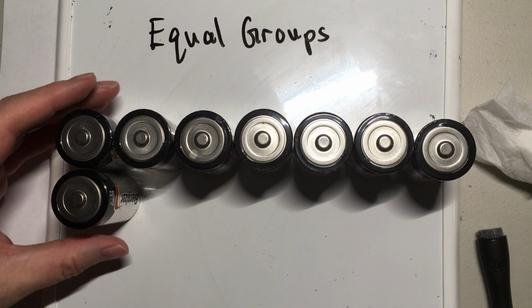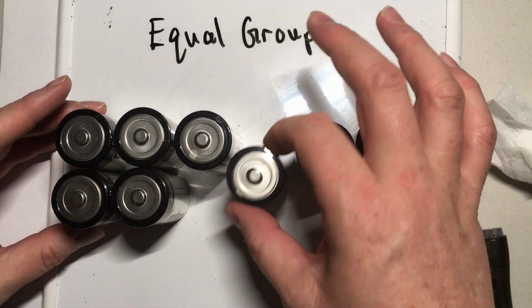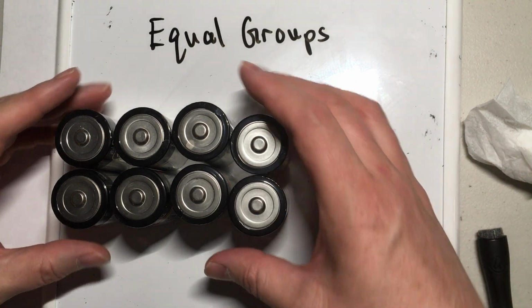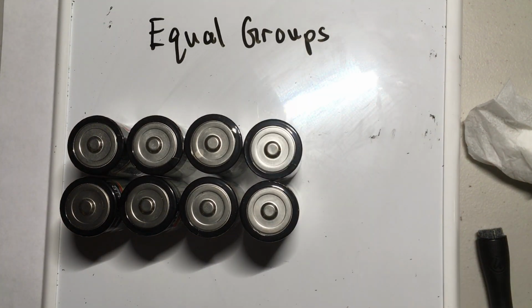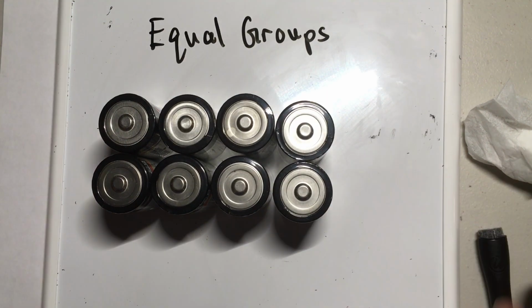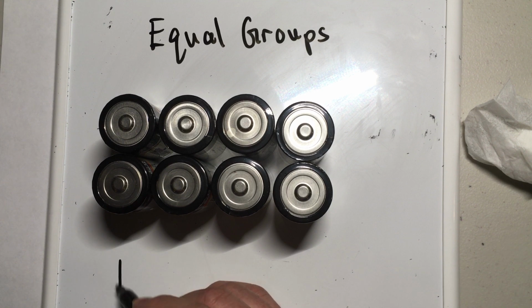So what we're doing right now is we're finding all of the different ways where we can make equal groups. Now, equal groups and repeated addition are linked with the way in finding the correct answer. It's just a different way to think of it.